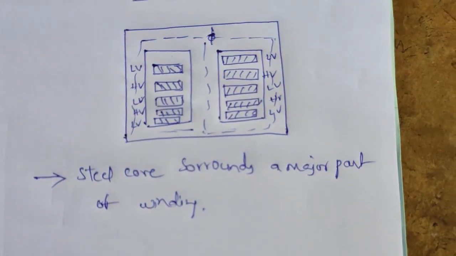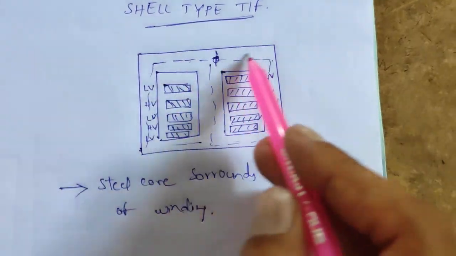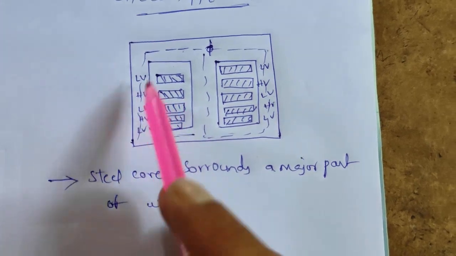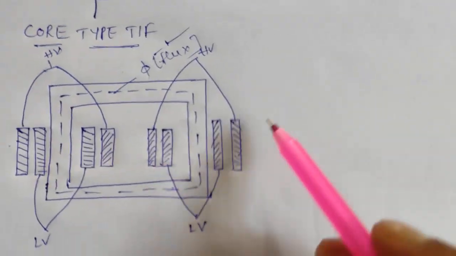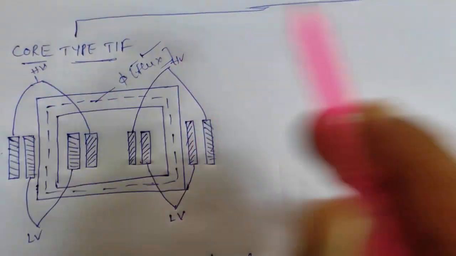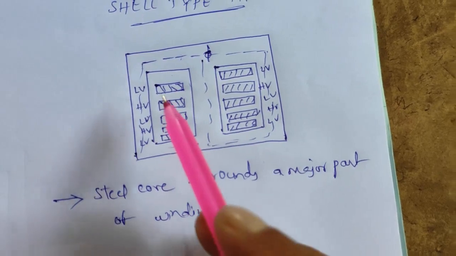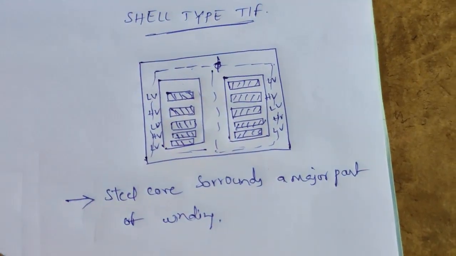How to define the shell type transformer: the steel core surrounds the major part of the winding, whereas in core type the winding surrounds the steel core. In shell type, the core surrounds the winding. This is the difference between core type and shell type.